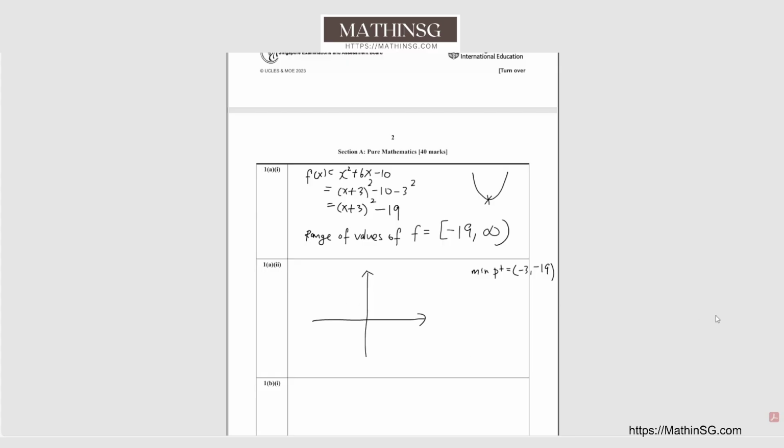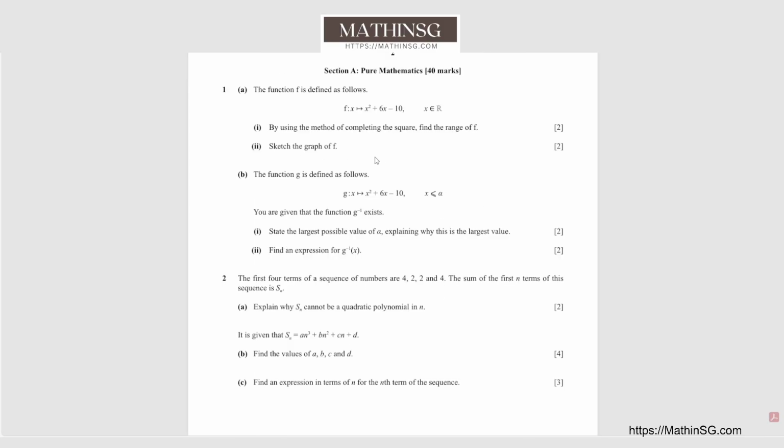Based on this, we have a curve that looks something like this. This is minus 3, minus 19, and when x is 0, it is minus 10. So we have sketched the graph of f.